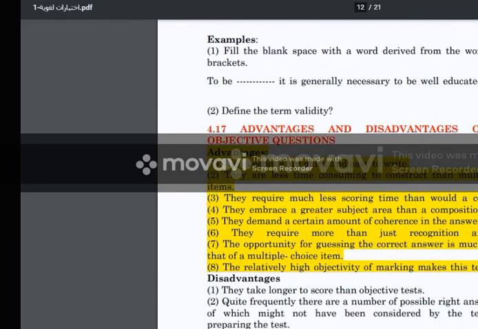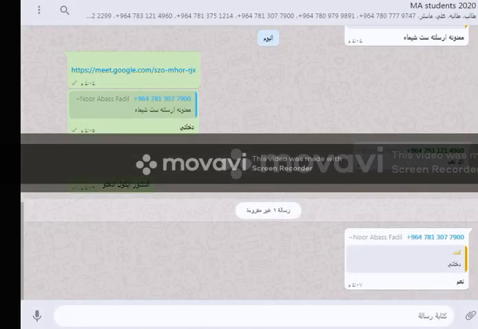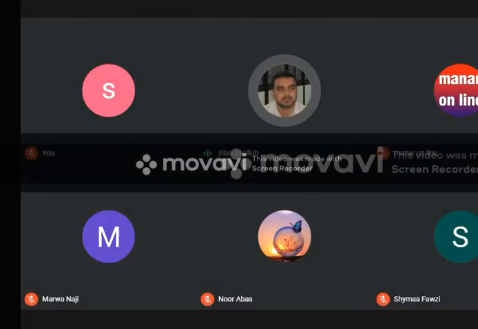So semi-objective items are designed to elicit answers which may be marked more or less objectively, not so objectively as with multiple choice tests, and not so subjectively as open-ended or essay questions. So this means that these items share some of the features of objective tests and some of the features of subjective tests.